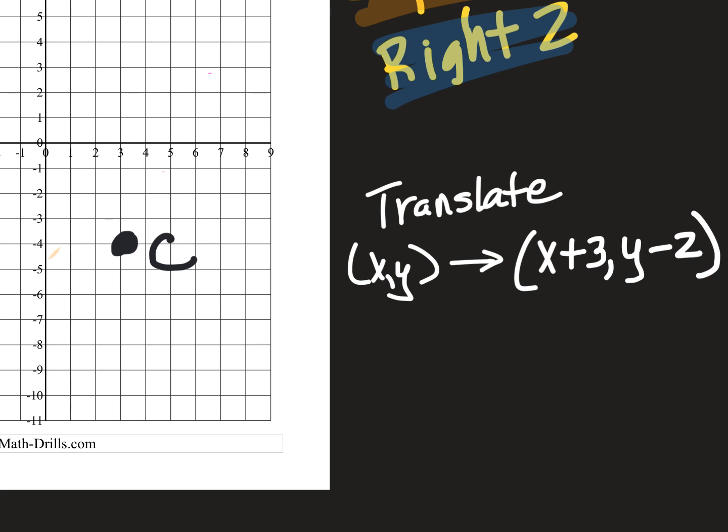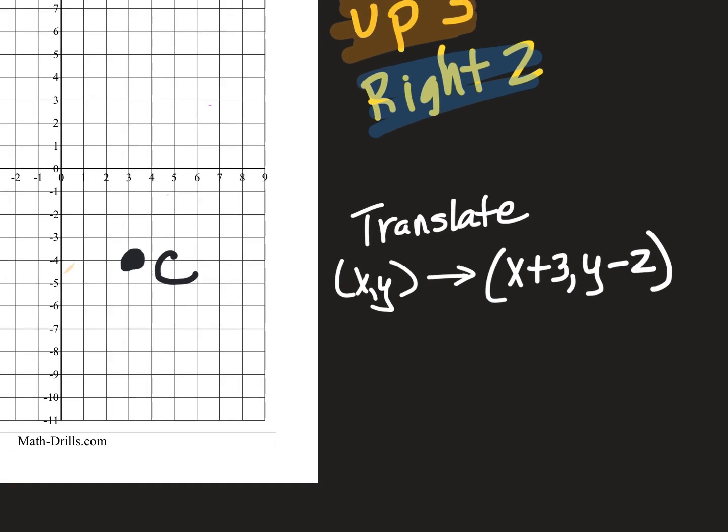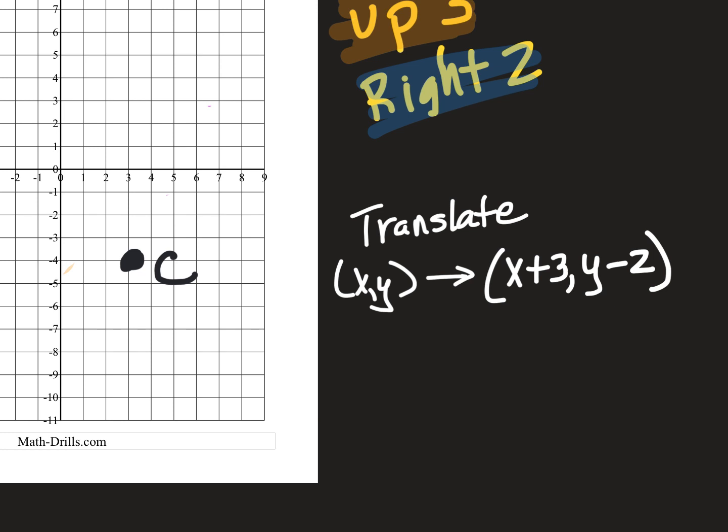So my question for you, friends, I don't want you to yell out. Jot it down on your dry erase board. If you were just to take an educated guess, is that X plus 3 a shortcut for saying up, down, left, or right? You don't know. All I'm asking you to do is take an educated guess. So jot down on your dry erase board the word up, down, left, or right.